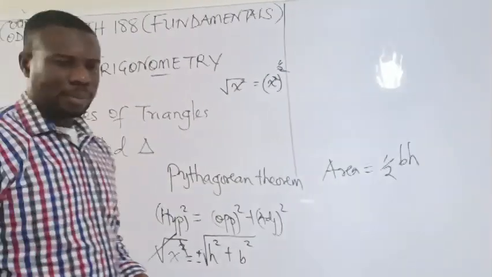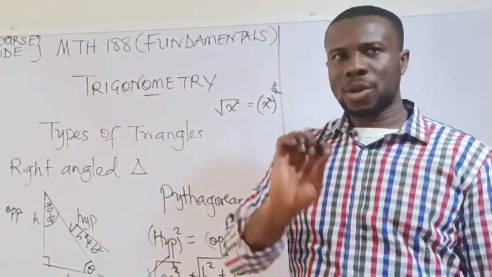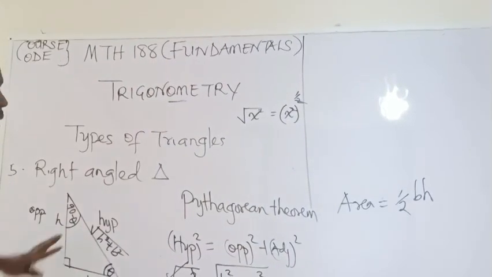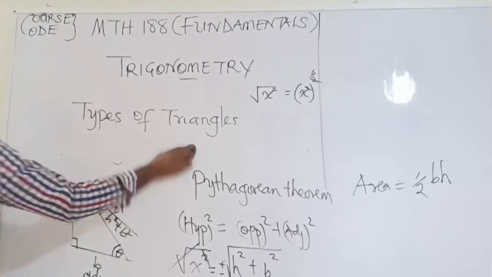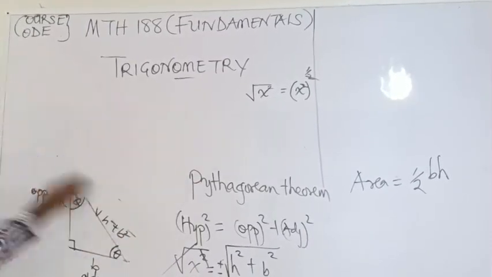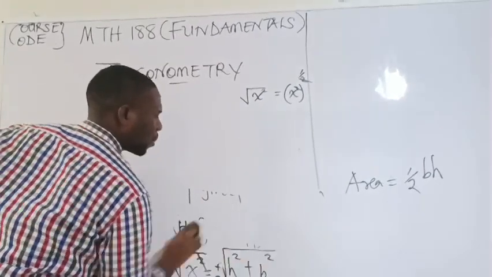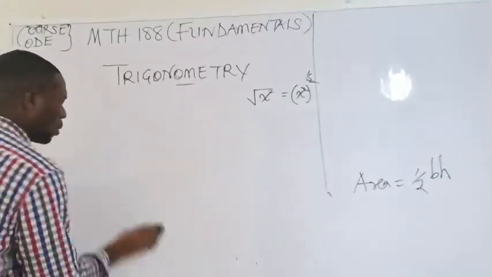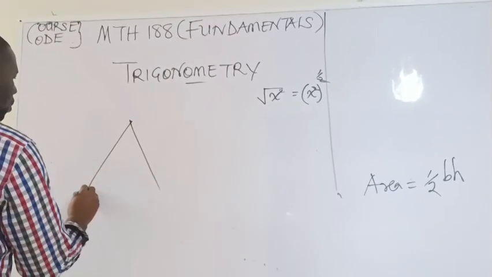Alright, now let me go back to the basics and talk about a few things just to lay a complete foundation. Can I clean up this? Alright, now you watch this. I have a generic representation of a triangle, something like so.